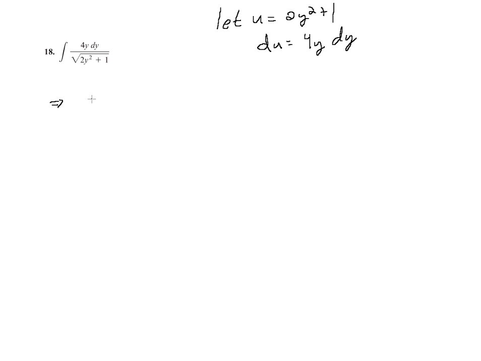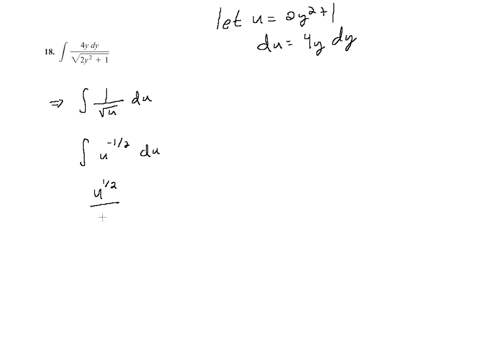In fact, before it was almost impossible. So now I have 1 over the square root of u du, since du equals 4y dy, and I have that right here. I'm just going to change this to the integral of u to the negative 1/2 du, and then I'm going to integrate, so I'll go up by the power of 1, so negative 1/2 plus 1 is positive 1/2.